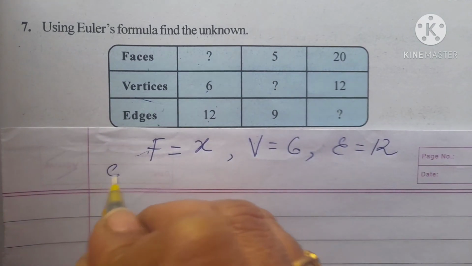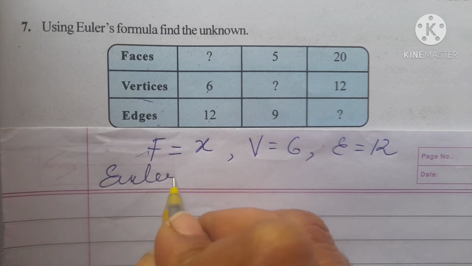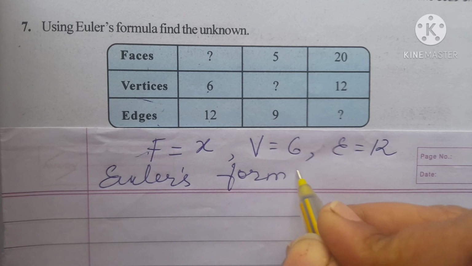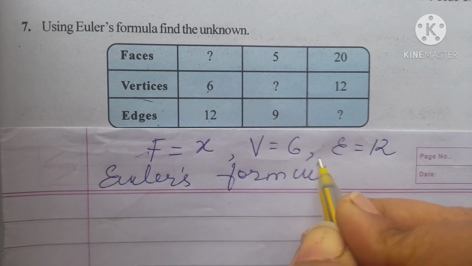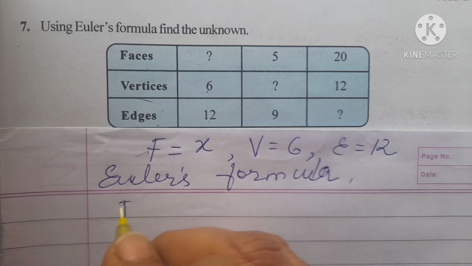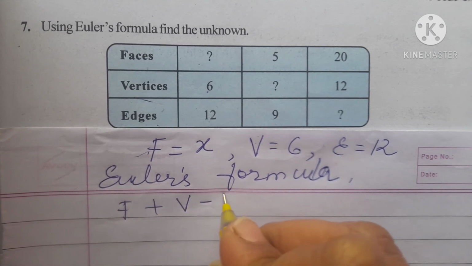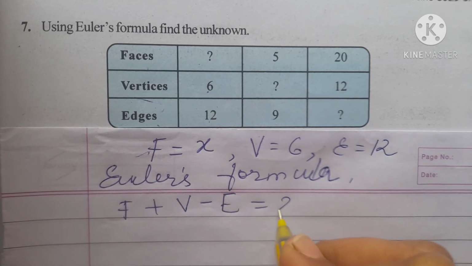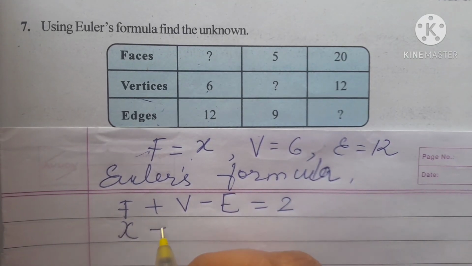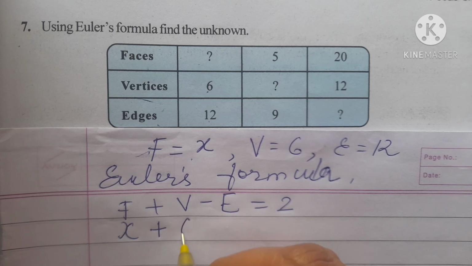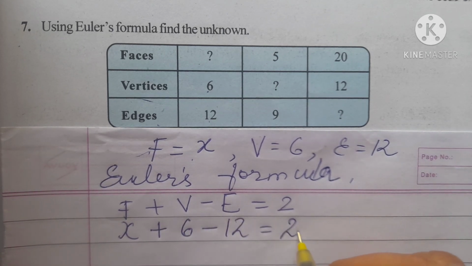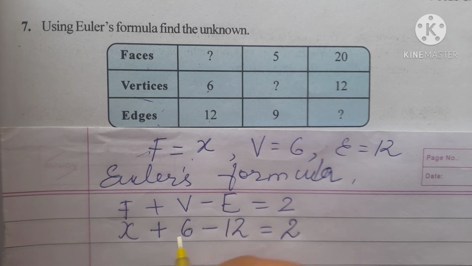Now applying Euler's formula, F plus V minus E is equal to 2. Putting the values, for faces I have written x. Vertices is 6, edges is 12, and the right hand side should be 2.